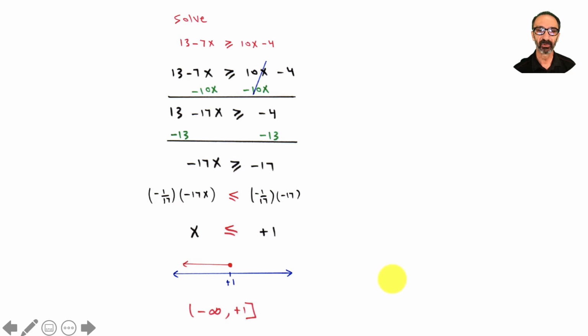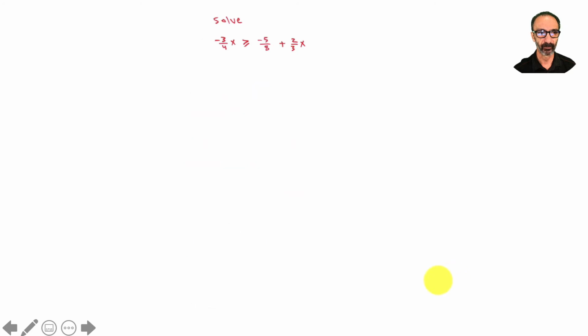Let's take another example with fractions and variables on both sides. Now I have, as you could see, fractions and variables on both sides. I'm going to move them to one side, so I'm going to get rid of this, subtract 2/3 x from both sides. Once you do that, this cancels, and I have the x's next to each other.